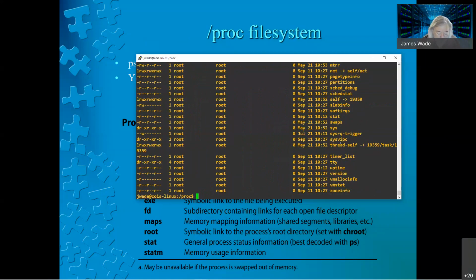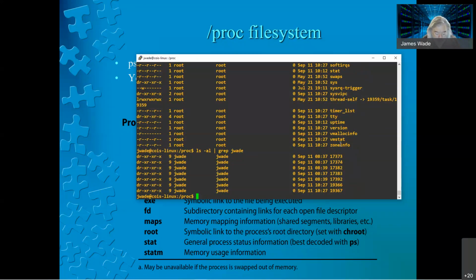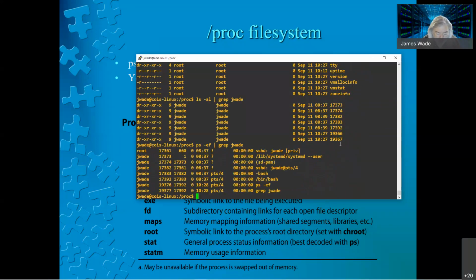Let's grep for me. Actually, let's go. There we go. I got some directories out there. Pretty cool, right? But let's go look for a process ID. Grep for J Wade. Let's go look for, no, those will be gone.